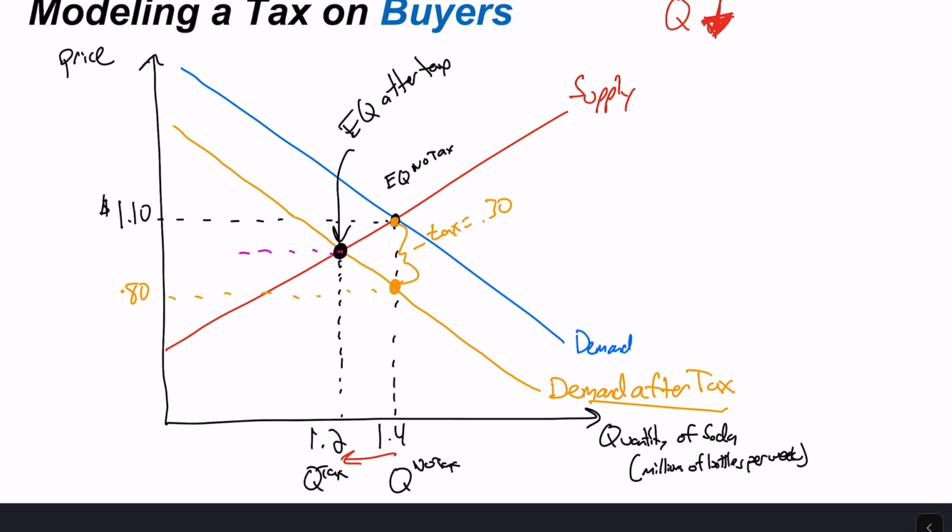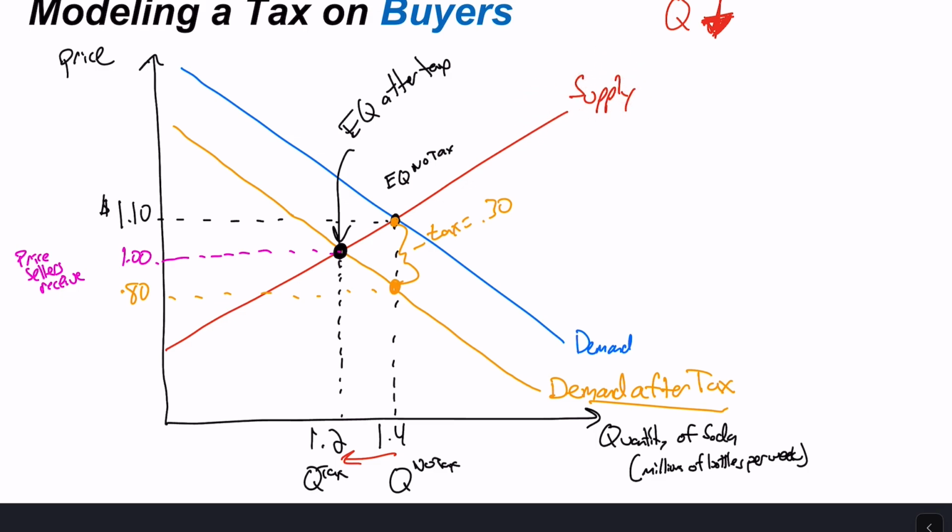Bring it over a line. And let's say that is $1. Right, this will be price sellers receive. I know that it's the price sellers receive because I found it on the supply curve. You think supply curve means sellers.